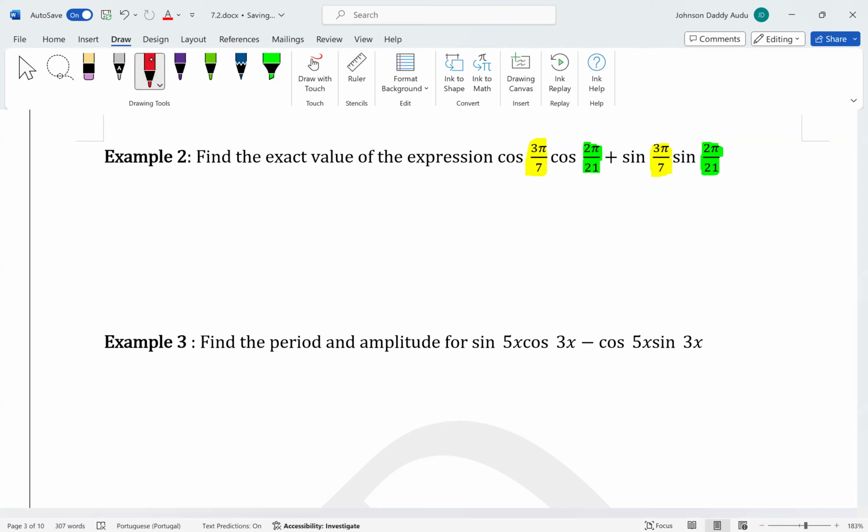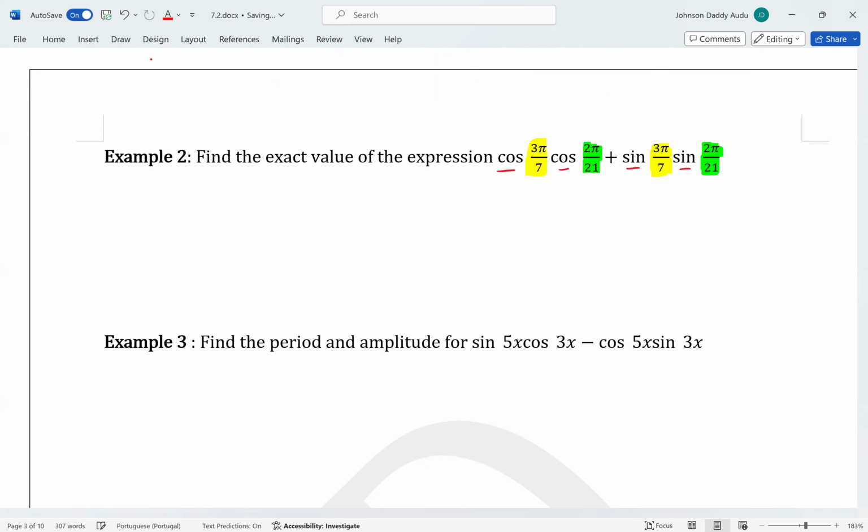It means we can write this as, if you look at this, this is cosine, cosine, and this is sine, sine. So definitely this is going to be a cosine function. And since this is plus, it means we are going to have something like 3 pi over 7 minus 2 pi over 21. This is what it's going to be, because if you expand this using cosine of alpha minus beta, you get exactly what you have there.